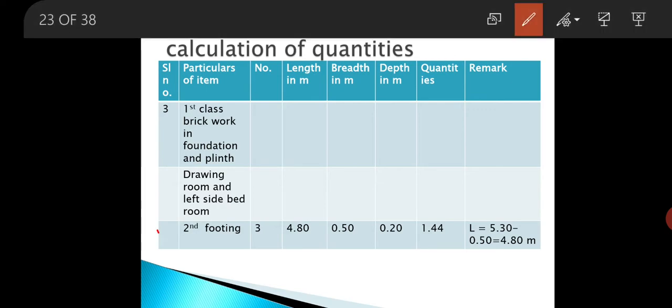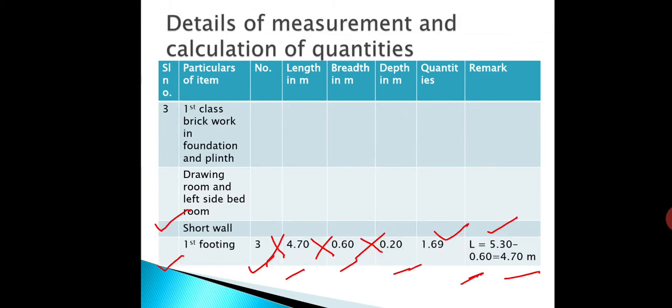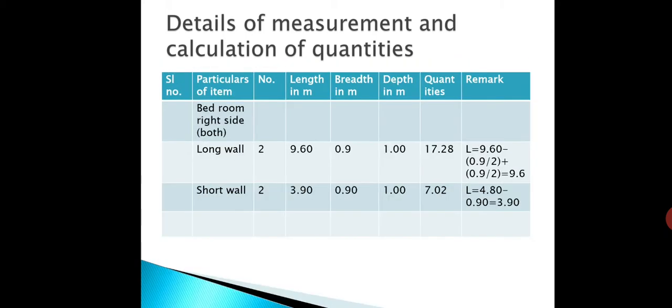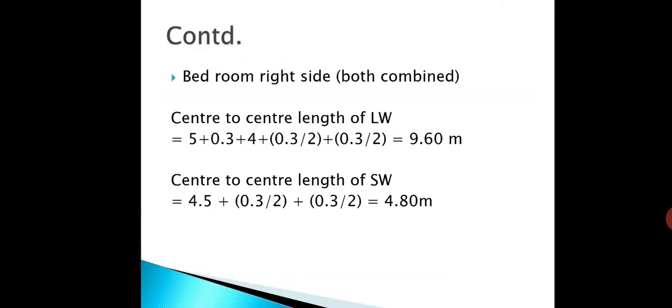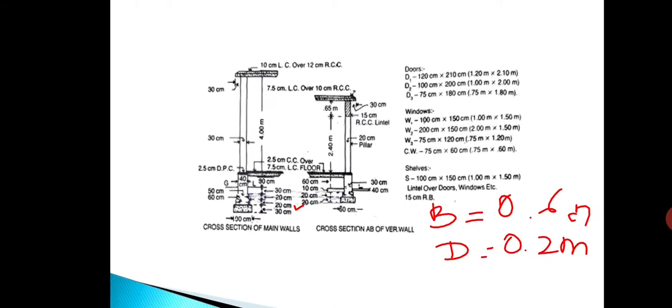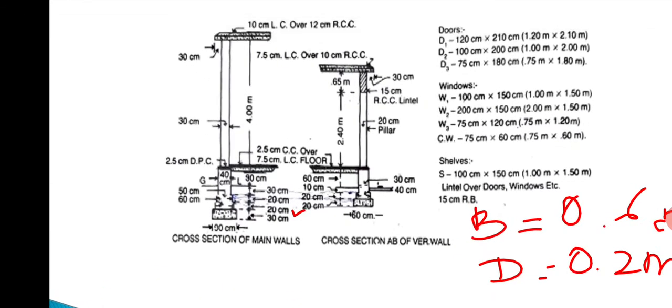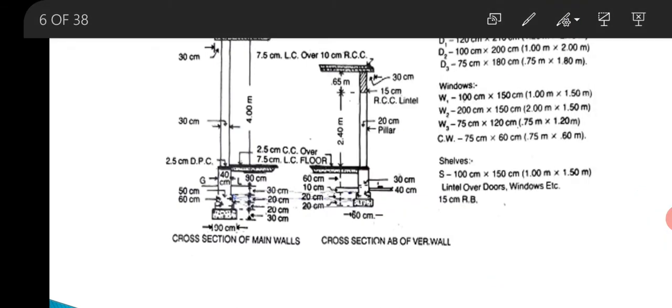Next, second footing. So number is 3. So second footing, the width of the second footing is 0.5 meter and the depth of the second footing is, see the details of second footing.